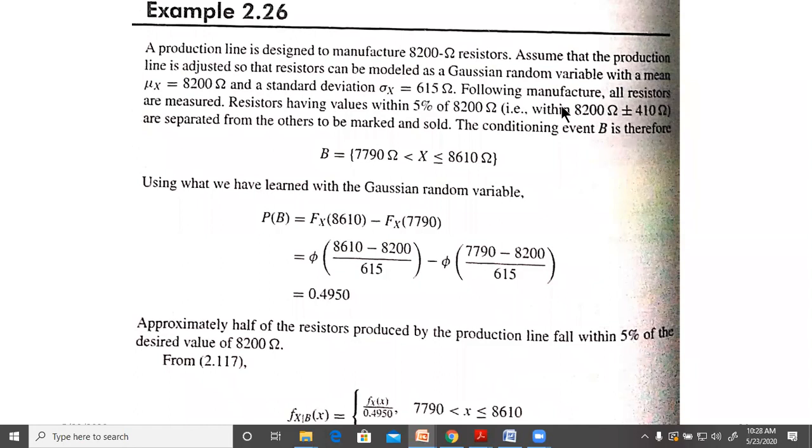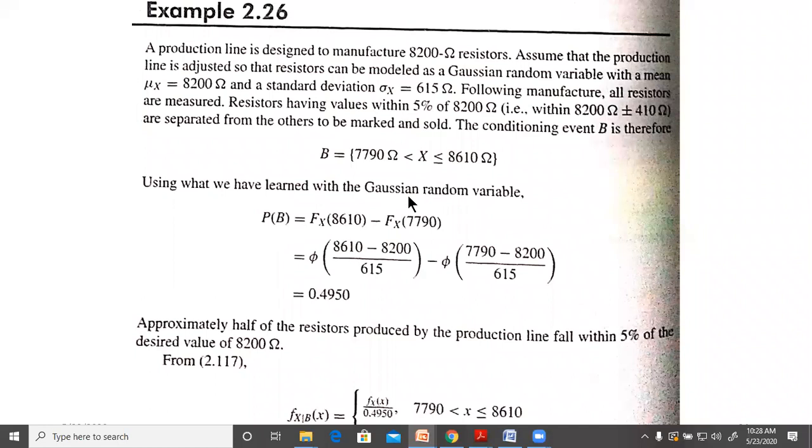Following the manufacturing, all resistors are measured, and those with resistance values within 5% of this 8,200, that is 8,200 plus or minus 410, are separated from the others to be marked and so on. So the conditioning event B is therefore 8,200 minus 410, that is 7,790, and 8,200 plus 410, that is 8,610. So between these two values is the conditioning event we have.